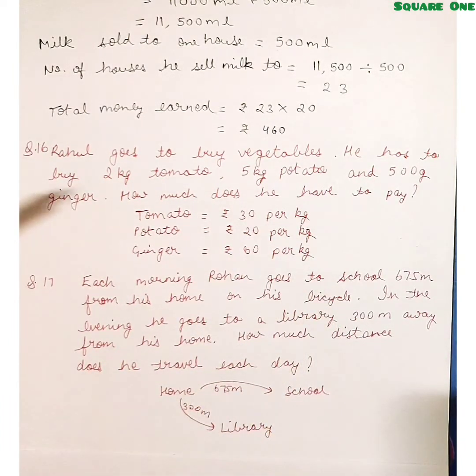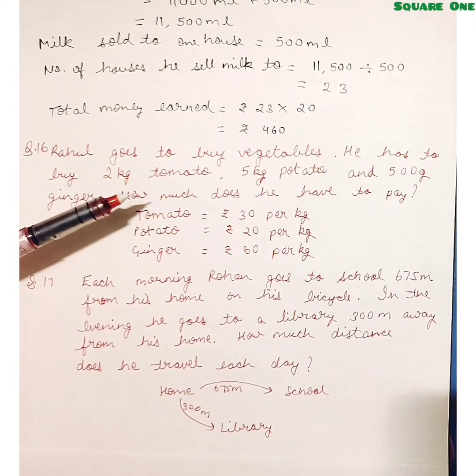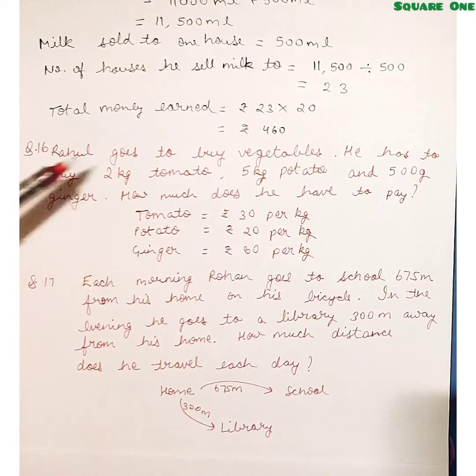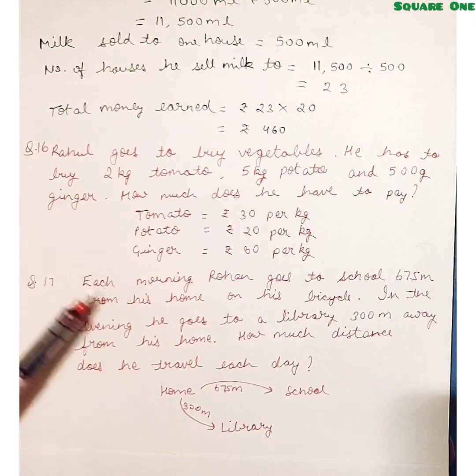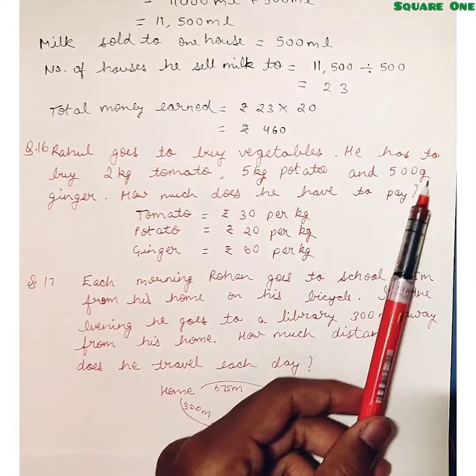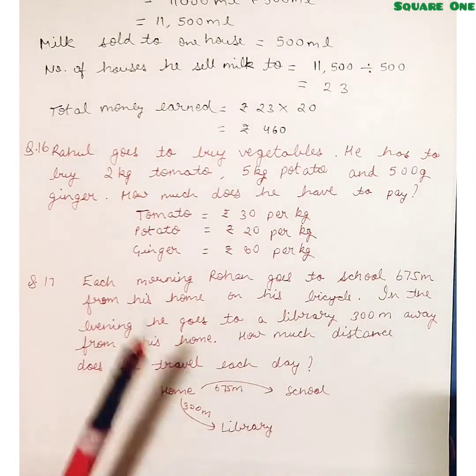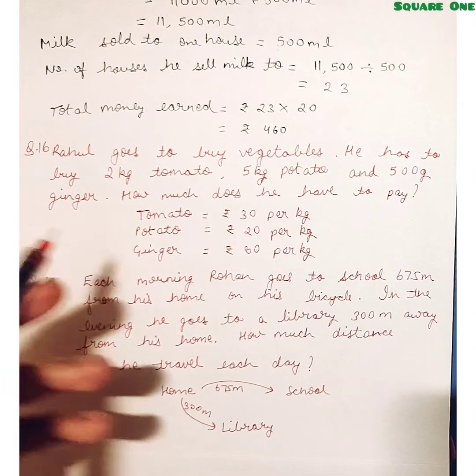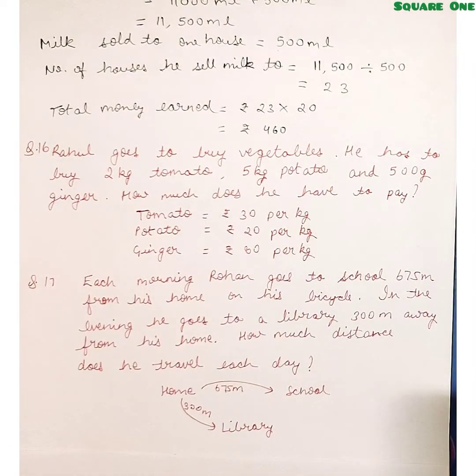First you have to calculate how much he pays for tomato, then for potato and then for ginger. Add this whole up and you will find how much he pays for the whole of the vegetables. Now ginger is given in grams, so you convert this gram into kilograms, and then find out the amount he pays for ginger.